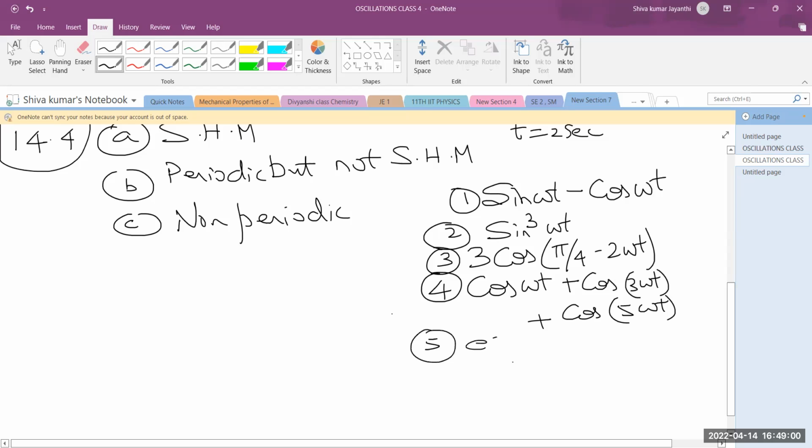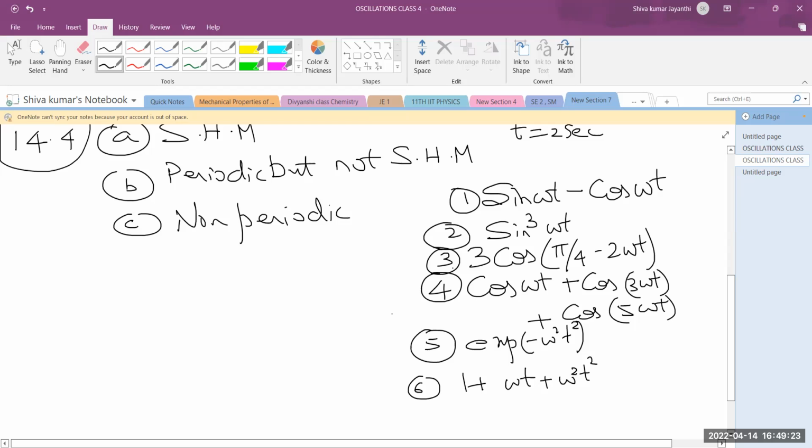E power is exponential, they give minus omega square t square. The sixth question they give 1 plus omega t plus omega square t square. At first glance, we can clearly say which are non-periodic functions.